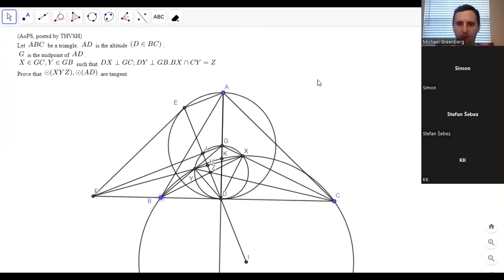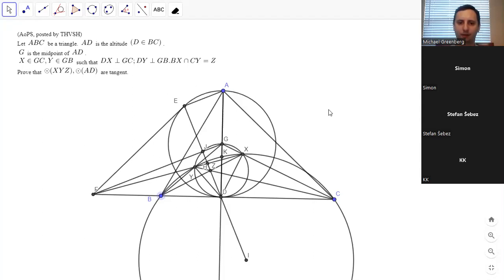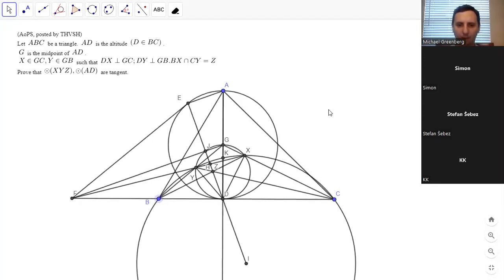Then F, K, and L. Oh, do you mean KL is the polar of F? Oh, this circle. Sorry, I thought you meant the line AD. Yes, I see what you're saying.